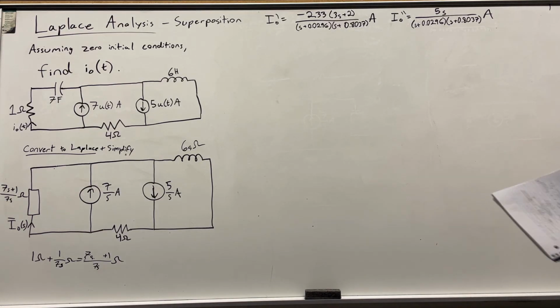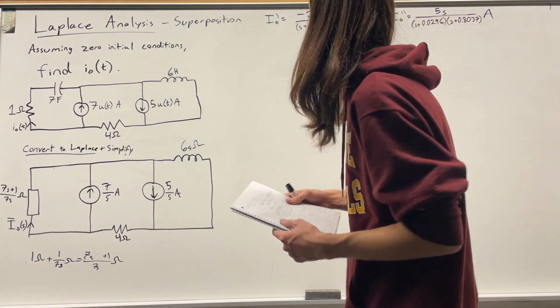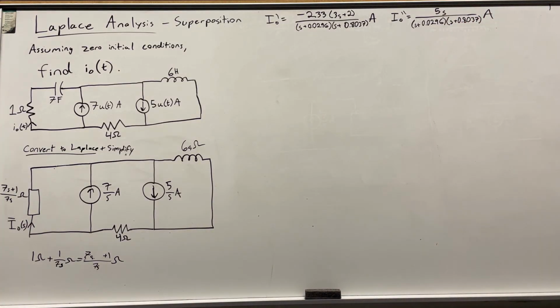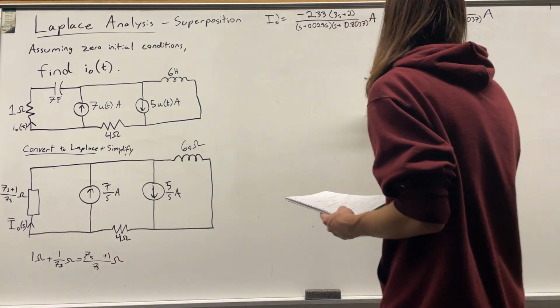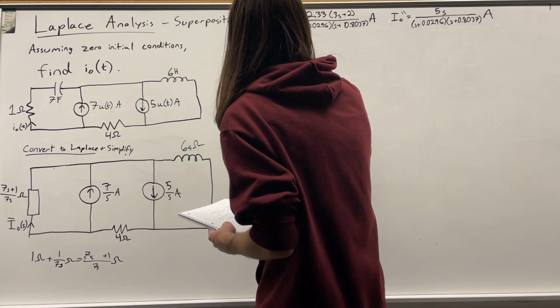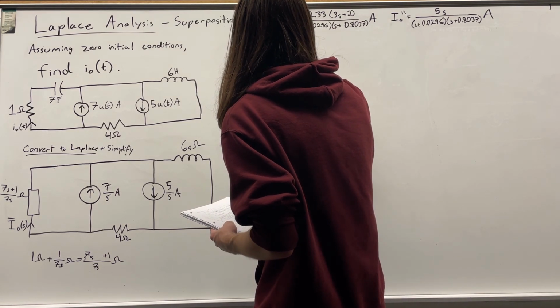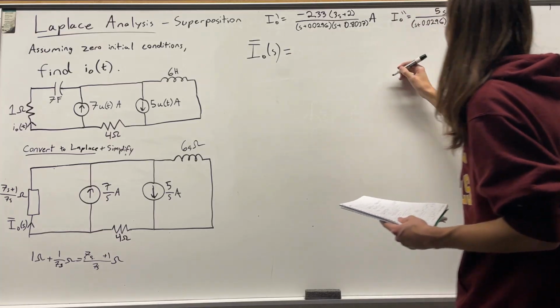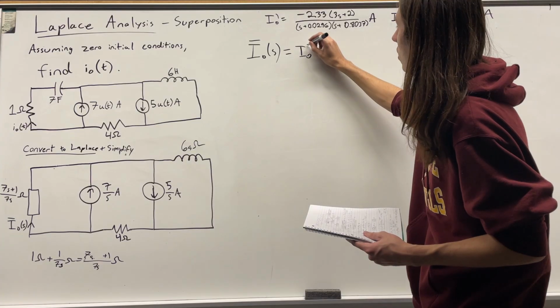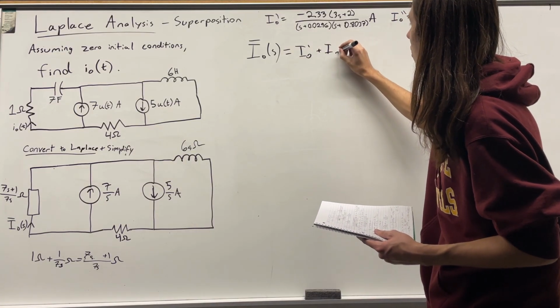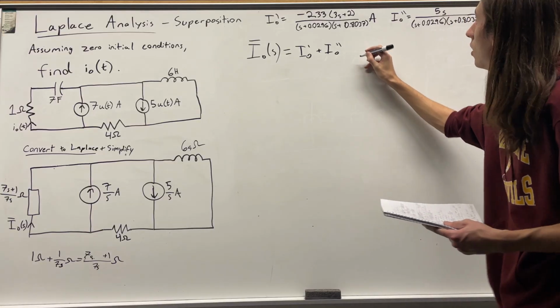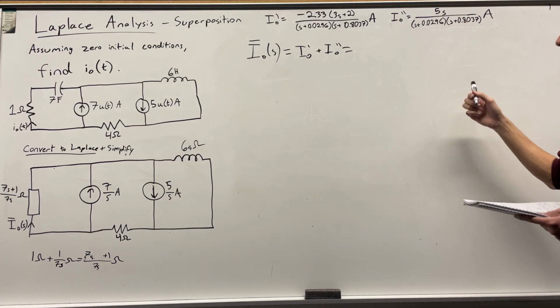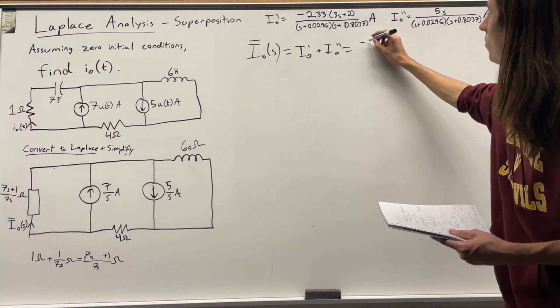So now we need to focus on finding our sought variable, I naught bar of S, and then taking the inverse Laplace transform of that so that we can find I naught of t. So first, we'll find I naught bar of S, which is just going to be the sum of these two. Since they have the same denominator, just add them.